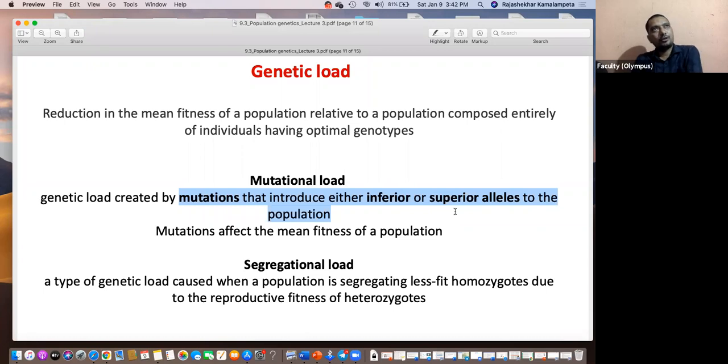Yesterday we were talking about how mutations can be positive, negative, or neutral. Correct? Here we are mostly focusing on those that are negative. They introduce alleles which can affect survivability and reduce the fitness of a population. Such a load is called mutational load. Is that clear? So what is mutational load? I have given this in the handout.